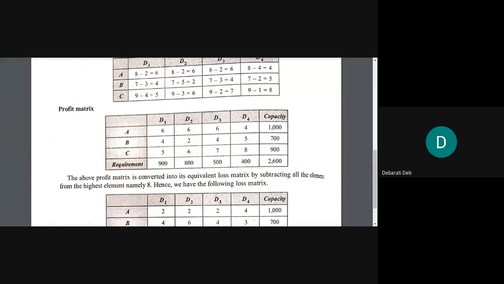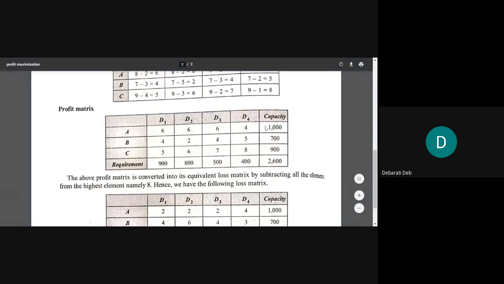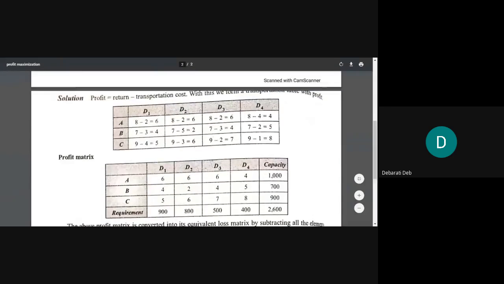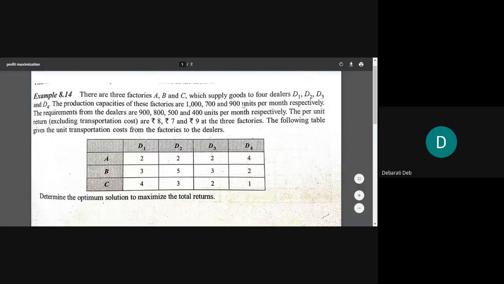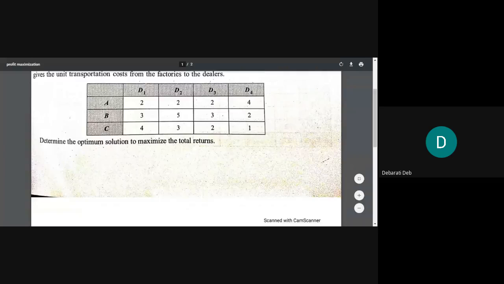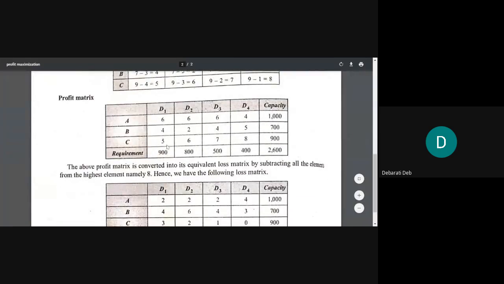Let us tally once. The capacities are 1000, 700 and 900, and the requirements are 900, 800, 500, 400. So that's how you will formulate the last column and the last row.